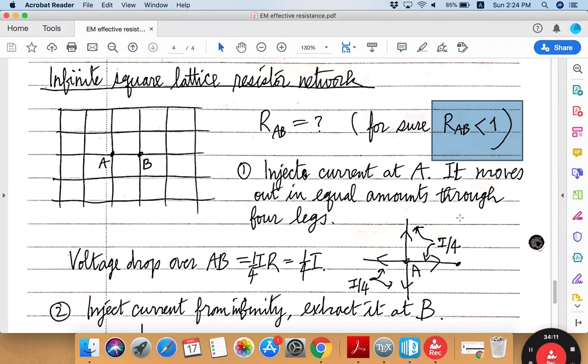And now there's a very nice way of solving this problem without really solving anything. You just have to be able to think cleverly and use lots of symmetries and invoke the superposition principle. So let me explain what I mean by superposition principle later on.